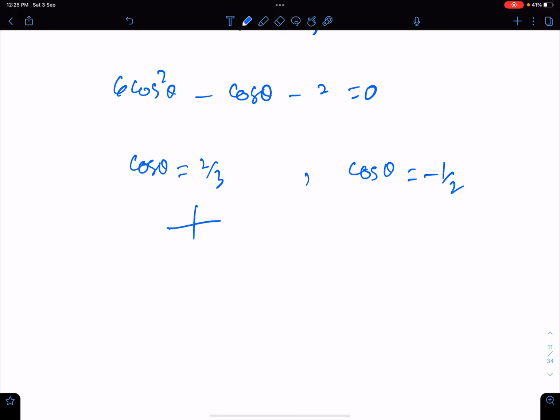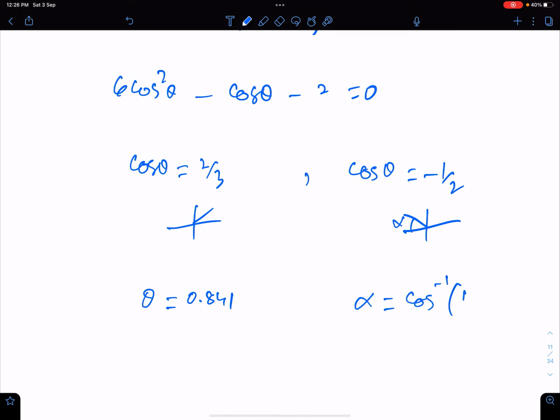Now this is in the first quadrant and this is in the second quadrant. So in the first quadrant the answer is cos inverse 2 upon 3, which is 0.841. And in the second quadrant, find alpha first. This is alpha.